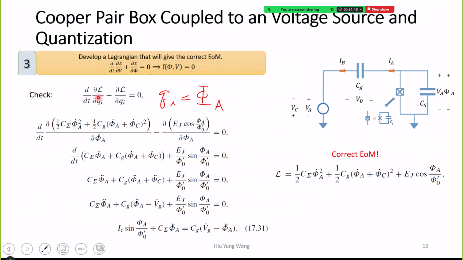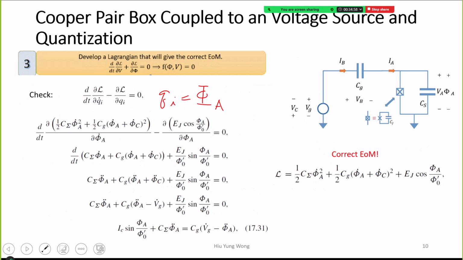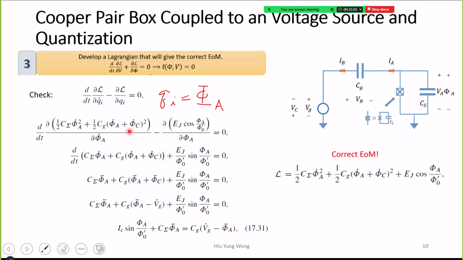For the first derivative, with respect to Qi dot, the last terms have no effect because there's no Qi dot there. The second derivative is with respect to Qi, so the first two terms have no effect. That's why when I plug in, I directly ignore those, so I only have the partial of the first two terms, and then the last term, the Josephson junction energy. Did I make a mistake here?